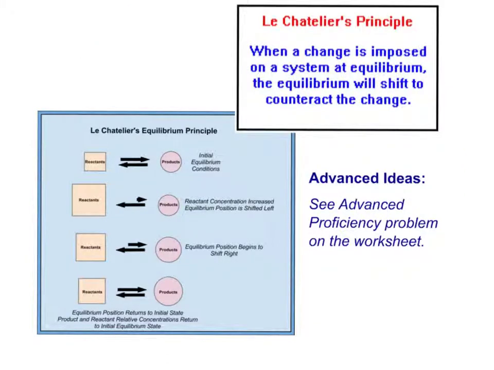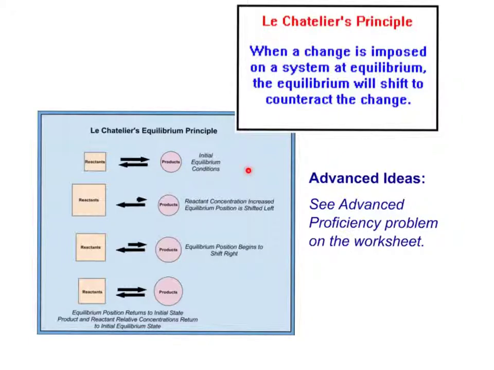So, quick review. Le Chatelier's principle just states that when a change is imposed on a system at equilibrium, the equilibrium will shift to counter that change. Remember, right here is just sort of a little example. We have a system at equilibrium, the initial equilibrium position, right?